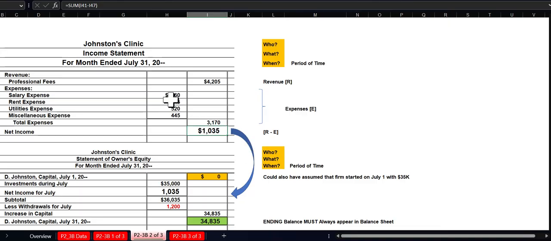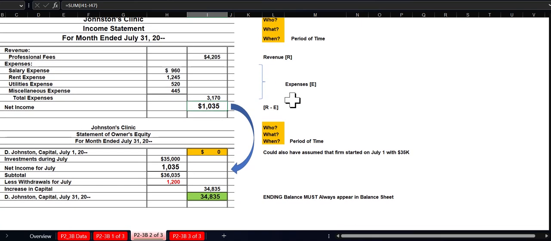So you don't need to record these as negatives, just record them as positive values. They get added, and then the total will be subtracted from the revenue. And since we have more revenue than expenses, we have a net profit or net income for the month of July. Well, Johnston's Clinic does.